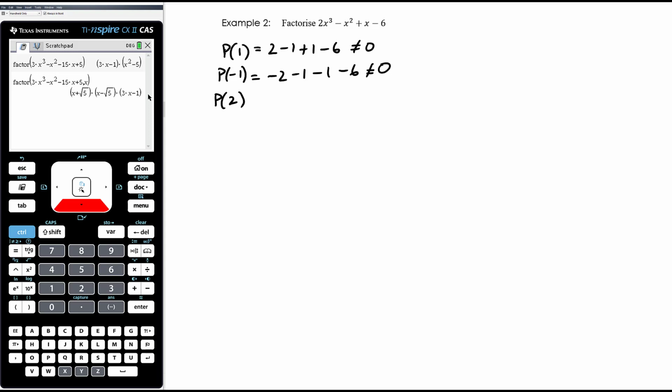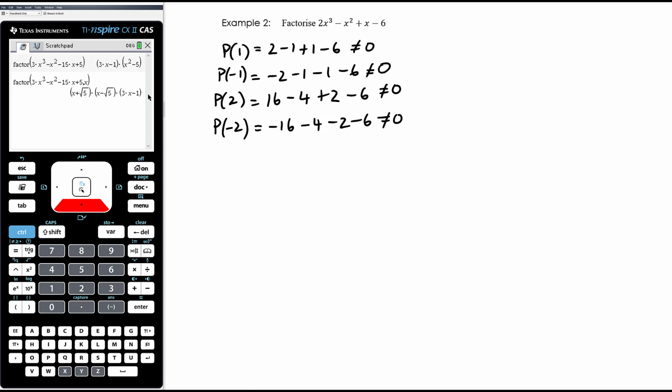P of 2, so I'm looking at factors of 6. Okay, so P of 2, 2 cubed is 8, 2 times 8 is 16, minus 2 squared, which is 4, plus 2 minus 6, so it's plus 18 and minus 10, so it's not 0. P of negative 2, what will change? So we'll have negative 16, we'll still have negative 4, negative 2 and negative 6.